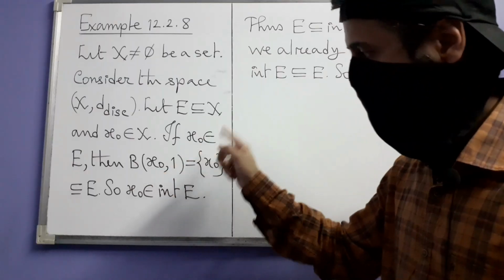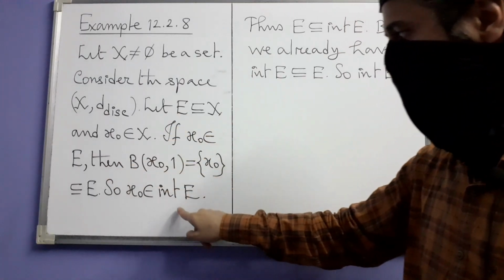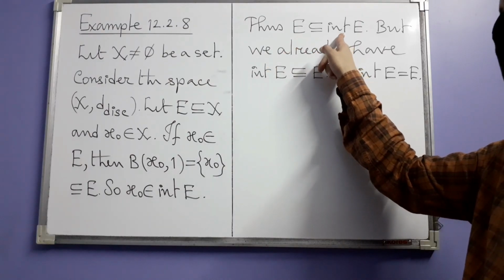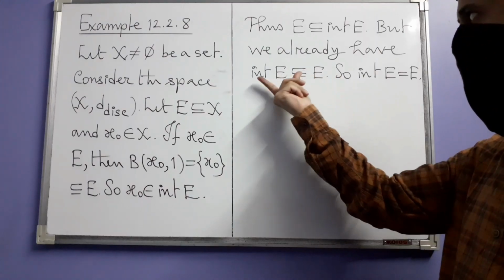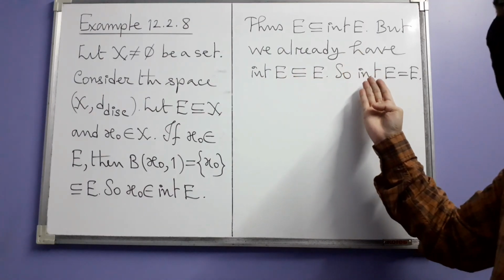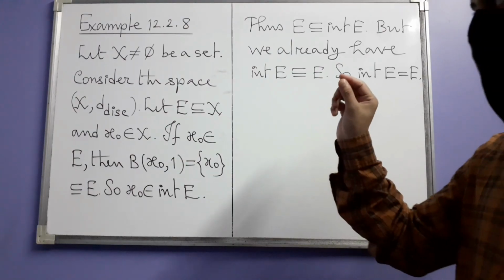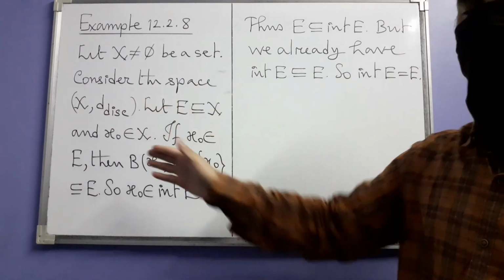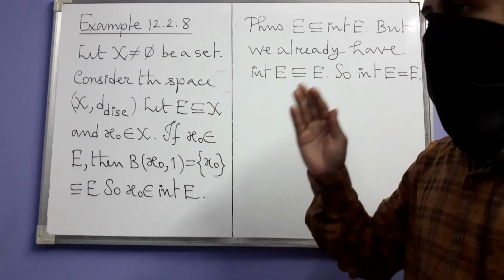So X0 is an interior point of E. That means any point of E is an interior point of E. So E is a subset of the interior of E. But we already know that the interior of E is a subset of E. This is always true, and that is why the interior of E is equal to E. In a discrete space, no matter what the set is, if you are having the discrete metric, the interior of any subset is itself.